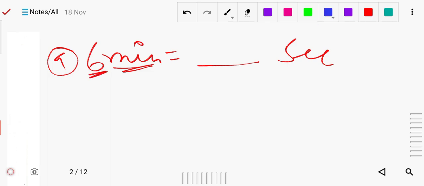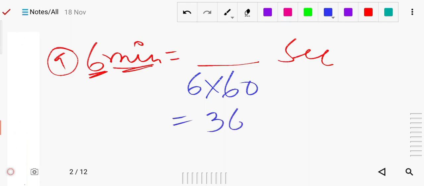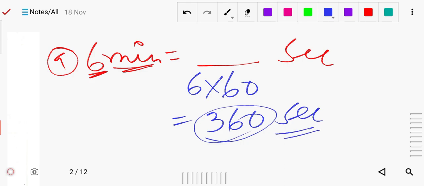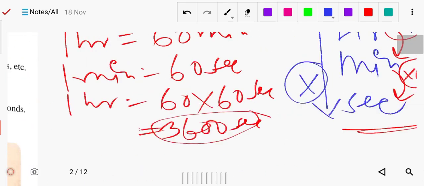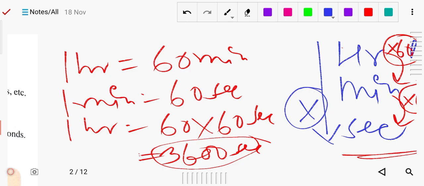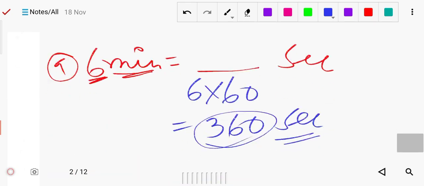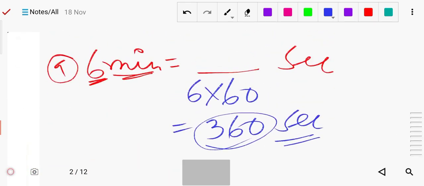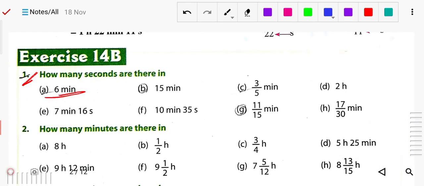So this 6 will be multiplied by 60. So this is 360 seconds. Okay, because minute to second, highest to lowest we are going, so you have to multiply.